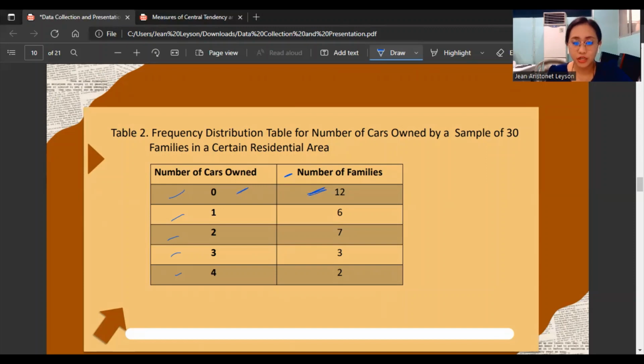For the second row, there are 6 families with 1 car owned. There are 7 families with 2 cars owned on the third row. Fourth row, there are 3 families who own 3 cars each. And on the last row, there are 2 families who own 4 cars each. So notice how each category is being presented individually.